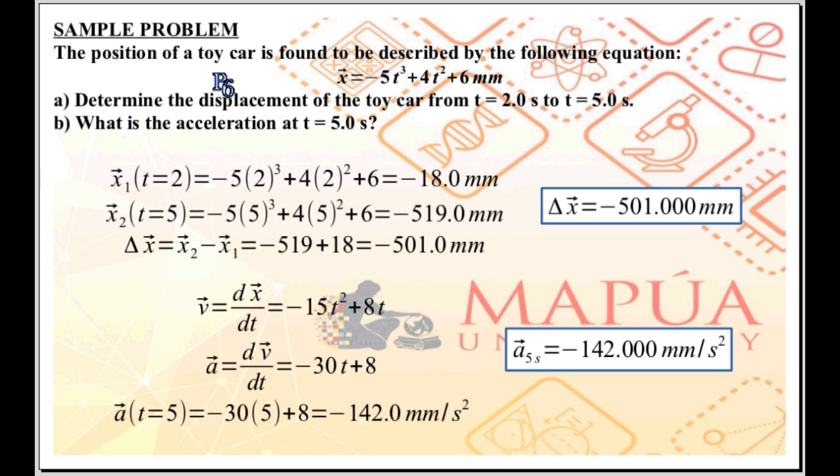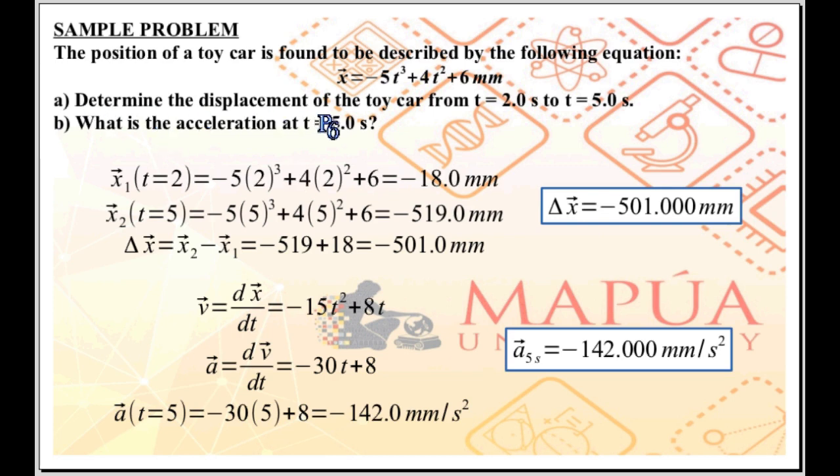You have the following problem. The position of a toy car is found to be described by the following equation. You are given x is equal to negative 5t cubed plus 4t squared plus 6, and the unit of x here is millimeters.